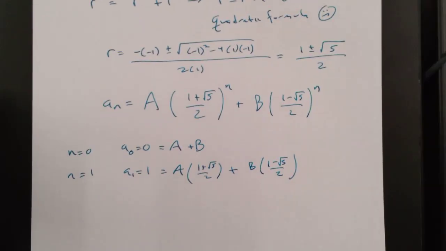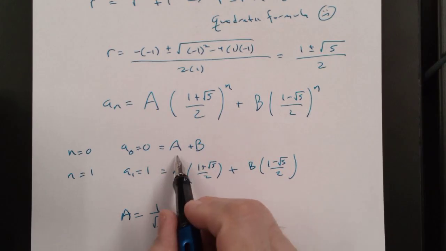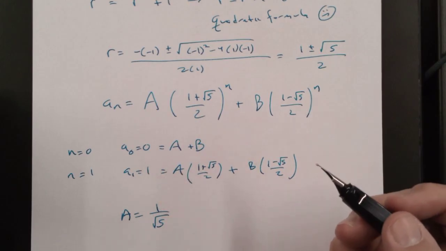But with a little bit of interesting algebra, this is actually solvable quite nicely. It turns out that I get a is 1 over the square root of 5. And b, because of this expression, b is equal to negative a.